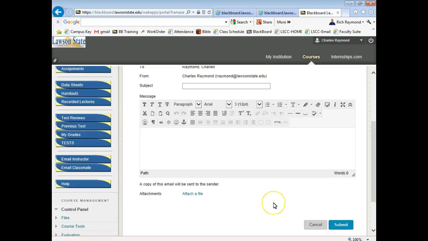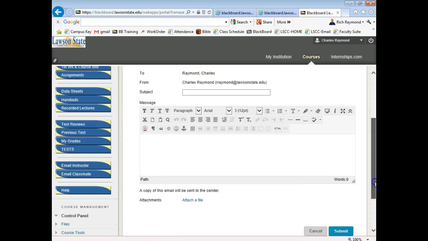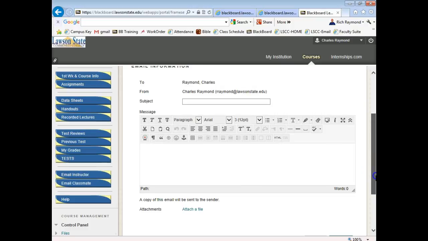So on assignments, we have to check the email. What we're doing is verifying that everything works okay, because I've had email accounts where it goes into junk even though you use your Lawson state account for some reason. So when you send me email about this class, what I want you to do is log into Blackboard and use what?